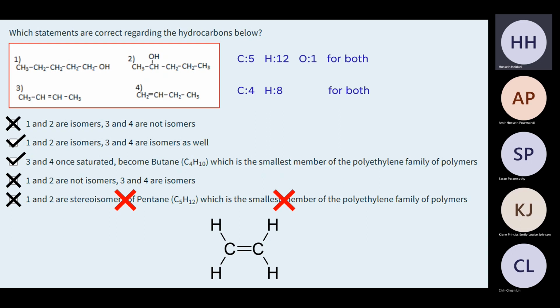But what about geometrical isomers? Are those 2 geometrical? 1 and 2. There's no double one, so you can't compare. Exactly. They don't have a double bond, so the orientation only comes into play when you have a double bond.